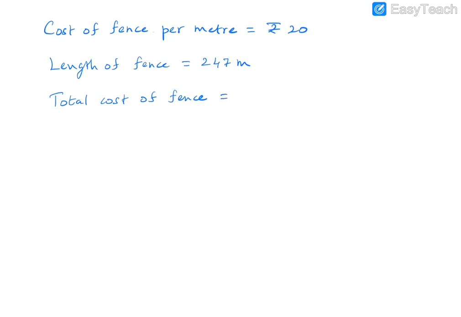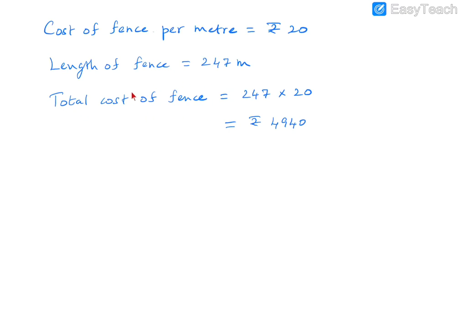Okay, so basically we have to multiply 247 with the cost per meter, which is 20, and that will give us the answer for the total cost of the fence, which is equal to 4940 rupees. Okay, so let me write the rupees symbol in front, and 4940.